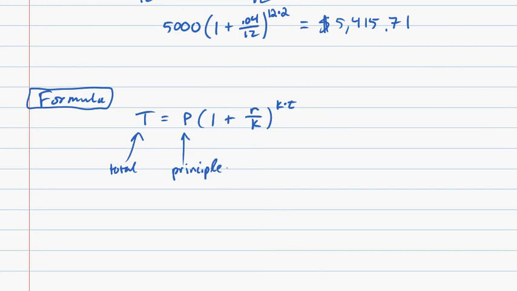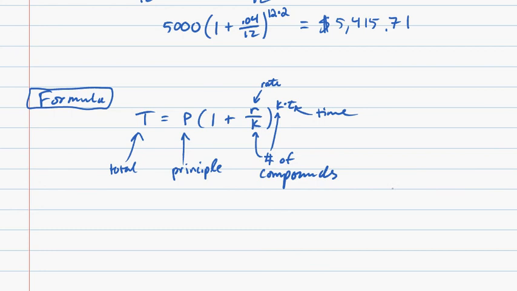The principal is what you started taking out, or what you put in a savings account. It's the beginning amount. This is your rate, your interest rate. K here and here, it's in there twice, is the number of compounds. And then the T here is time.